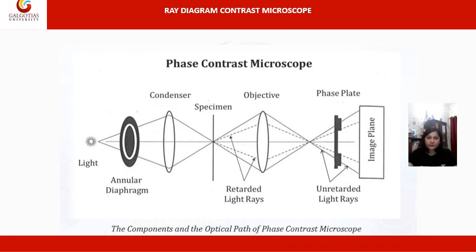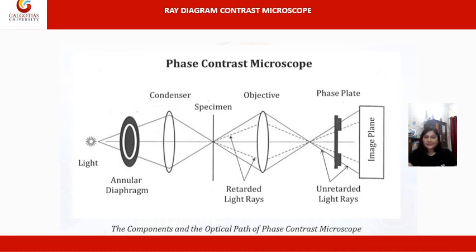Now, these two types of light rays pass through the objective lens and finally fall on the phase plate. The phase plate creates destructive interference for the light rays which are retarded and constructive interference for the light rays which are non-retarded by the specimen.